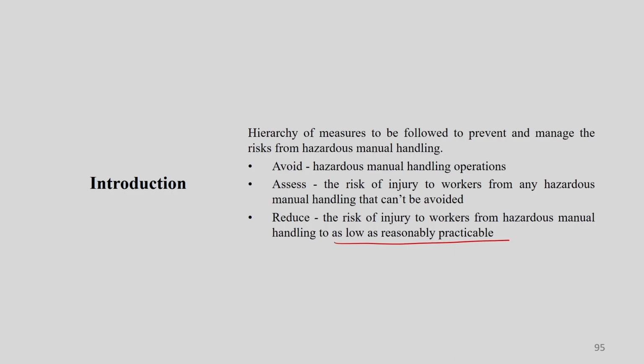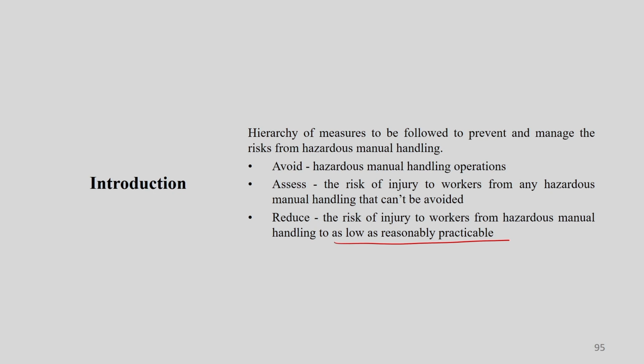If your productivity goes down, then the employer will definitely not accept such an intervention. So you have to see the operator's point, that you need to save them from any kind of risk or hazard, but you also have to take care that you do not compromise productivity.